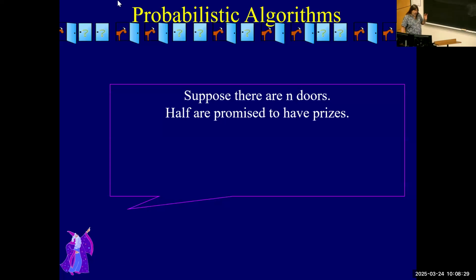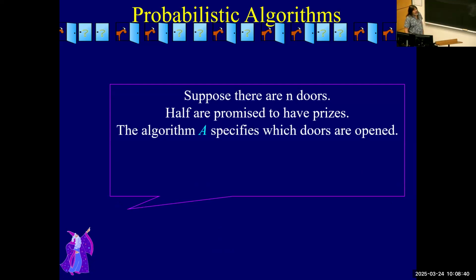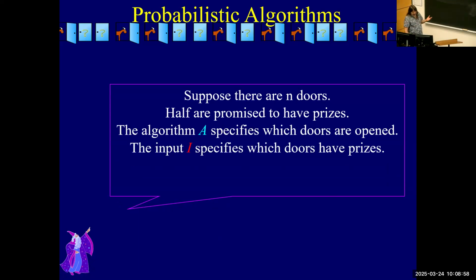Now there's goats involved, so you can decide either you like goats and goats are the prize, or you don't like goats and goats are the not prize. But either way, what is an algorithm for this problem? The input is which doors have prizes and which don't, and the algorithm then decides which doors to open.